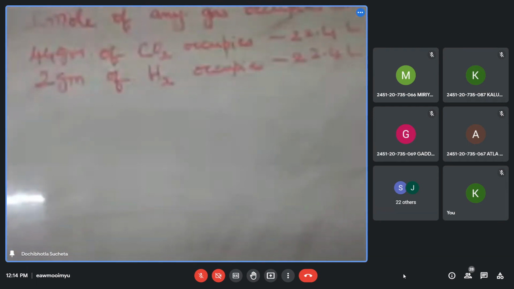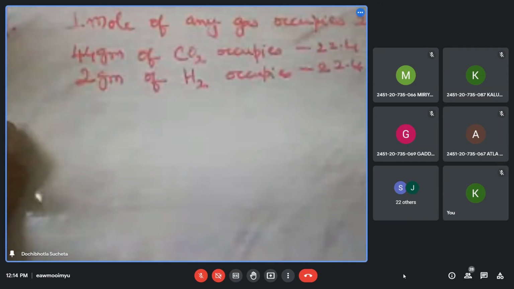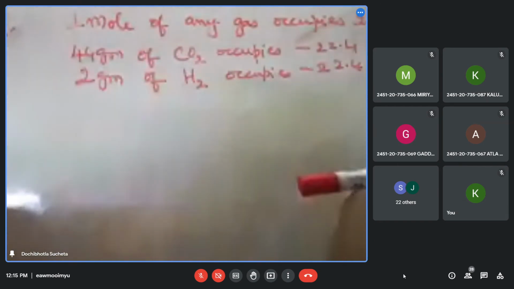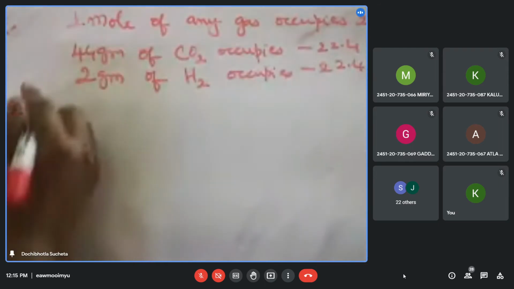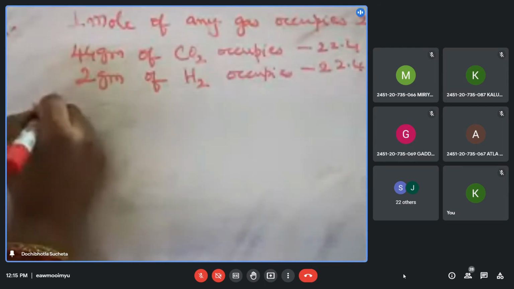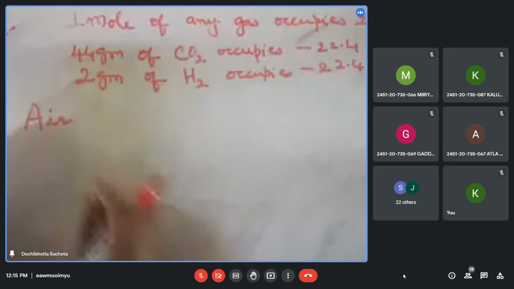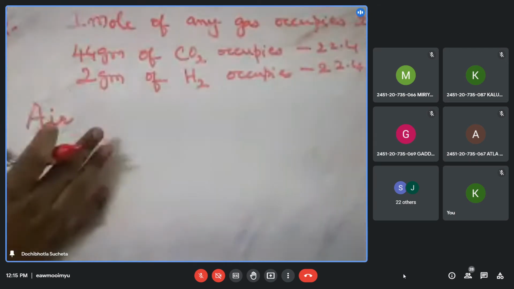Next, the third one and most important, a 3-star mark. First, the law of definite proportions and this one are the important rules for calculation of numericals. Okay, I understood that air does not contain oxygen 100%. So how much amount of oxygen is present in air?